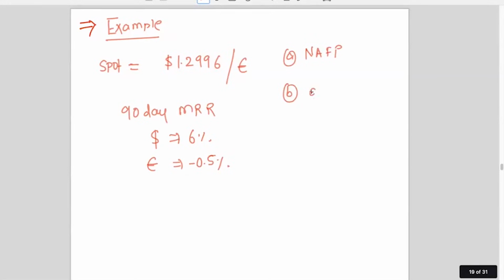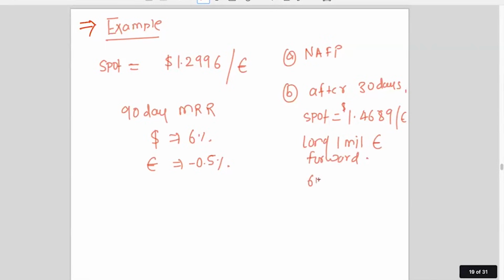Question B, if after 30 days, the spot price is 1.4689 dollars for a euro, and let us say you had a long position on 1 million euros forward contract.